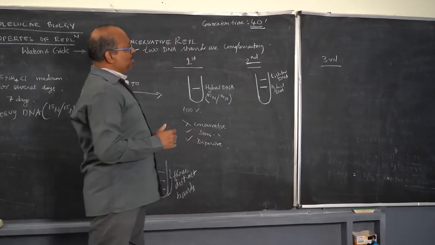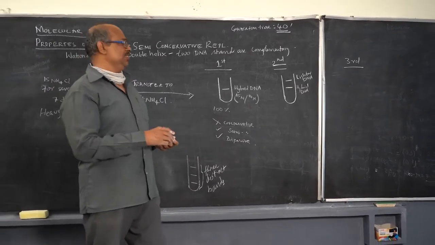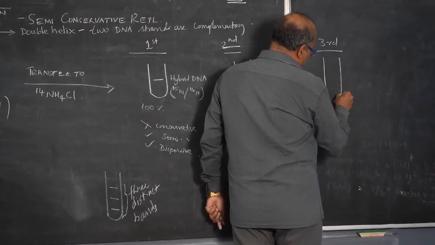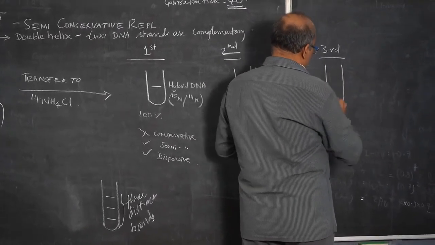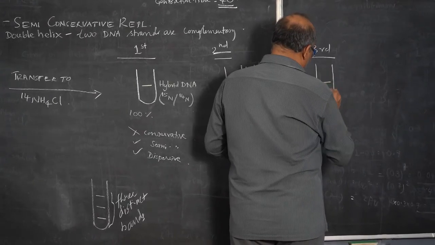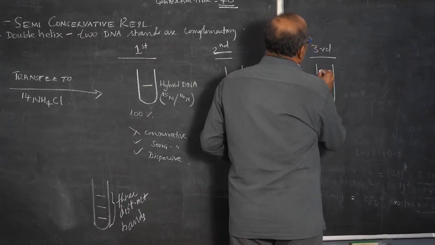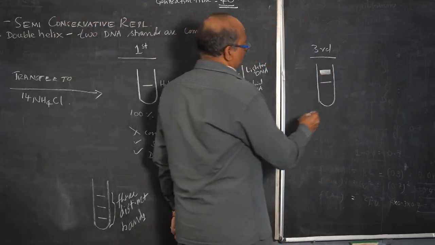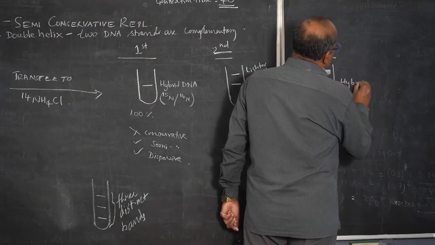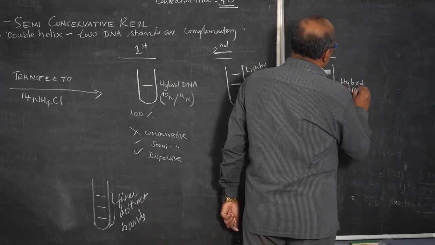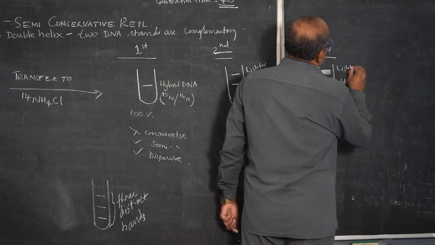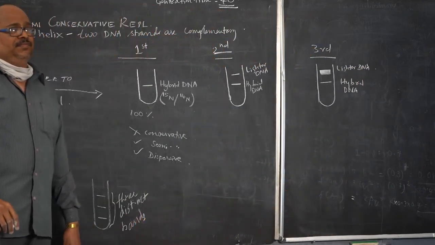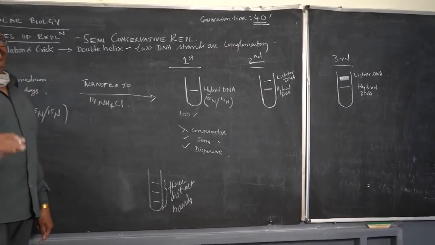And when they went to the third generation, again they got a lighter DNA band and a hybrid band. Now the hybrid band is relatively less and the lighter band is relatively more. So gradually the lighter DNA is increasing, and the hybrid DNA proportion is decreasing.